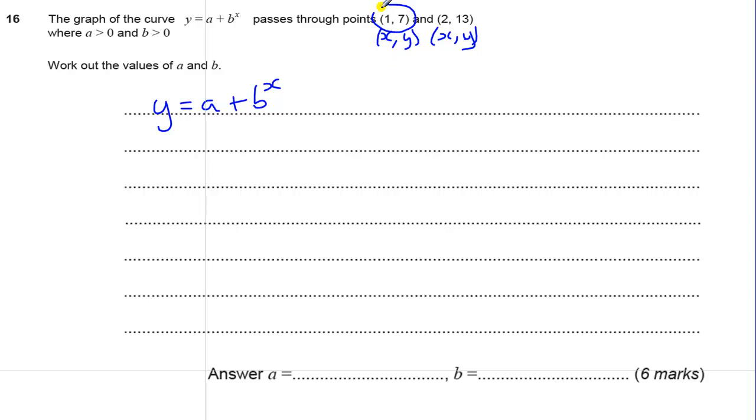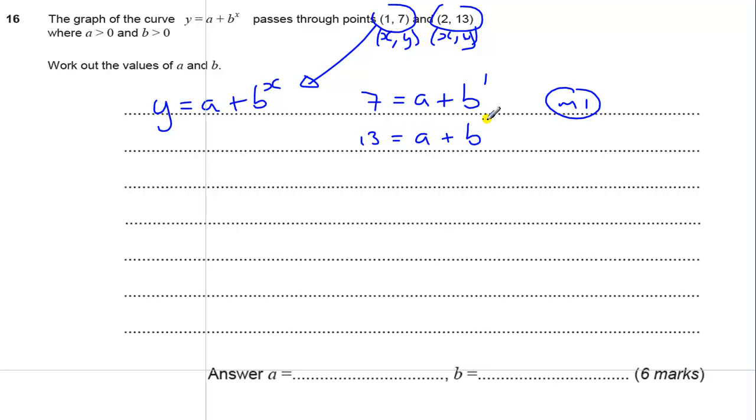So we've got to try and work out the values of a and b. If we put these values of x and y in, we get y is 7, a we don't know, b we don't know, when x is 1. Okay, that's one method mark for writing that. And then we've got a second one where y is 13, a we don't know, b squared, when x is 2.